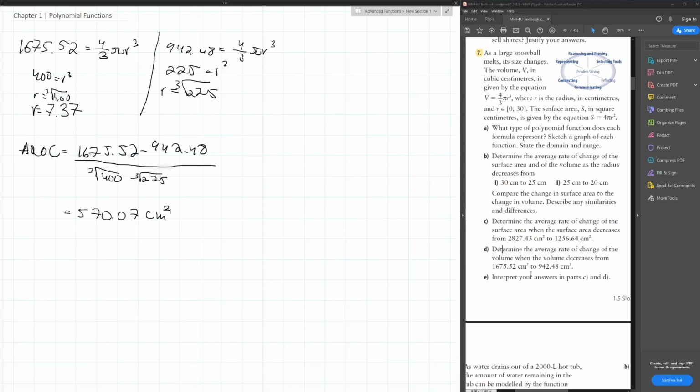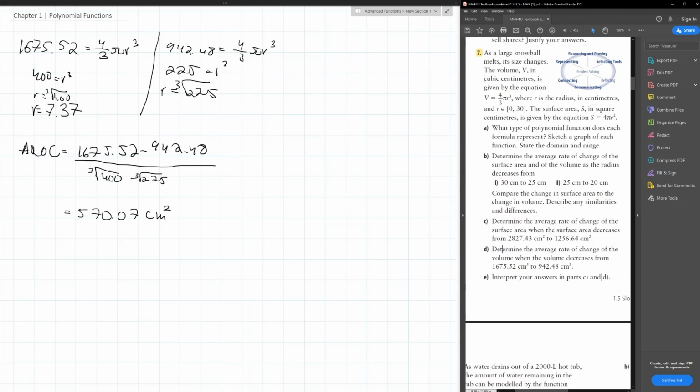Now it says to interpret your answers from part C and part D. Well, from what we've seen, as the r values continue to decrease, so did the average rate of change for the volume.